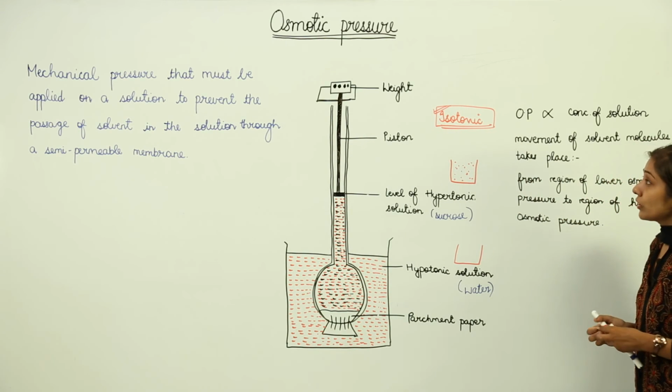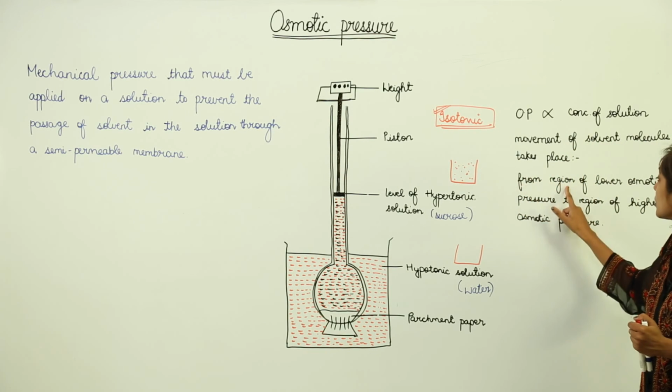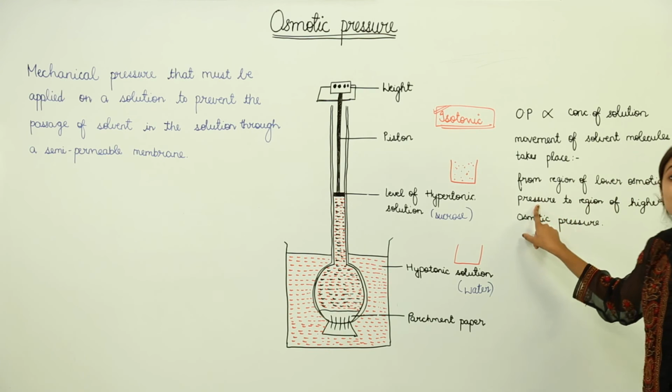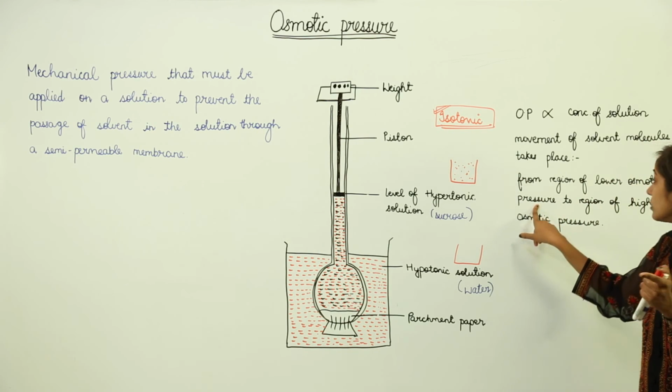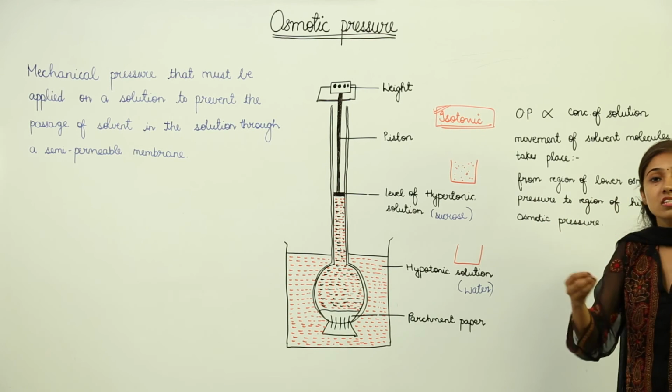Now, you have a fair idea about the movement of solvent molecules which takes place from a region of lower osmotic pressure, means from a dilute solution, to a region of higher osmotic pressure, means to a concentrated solution.